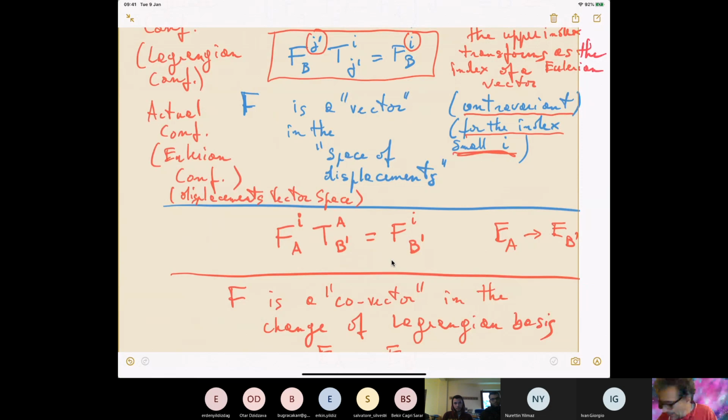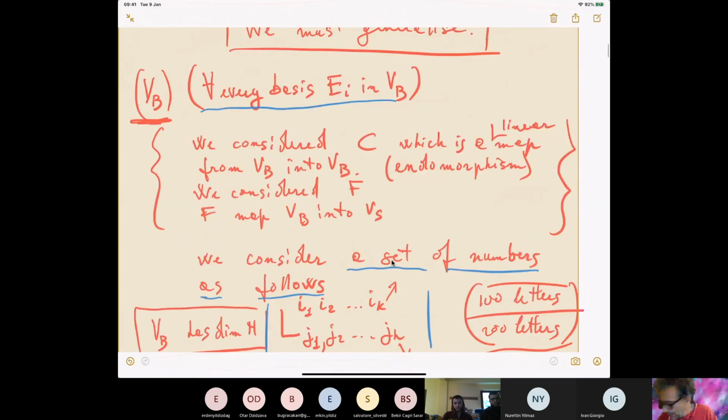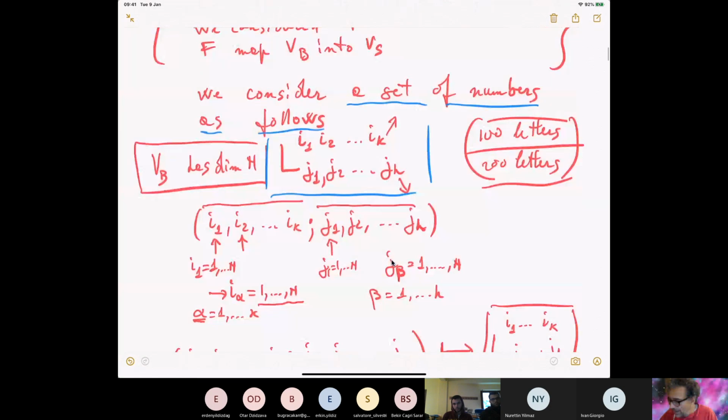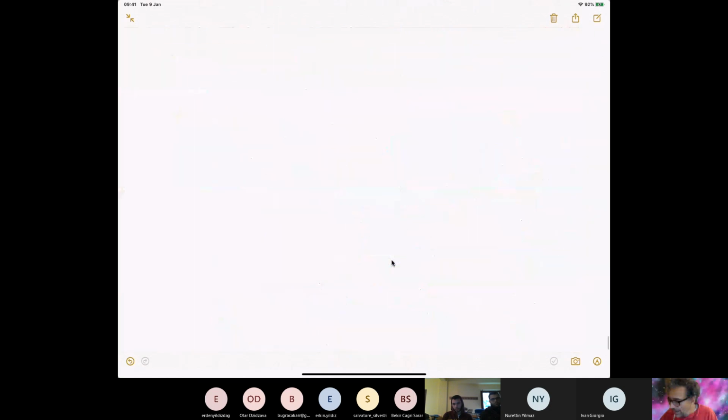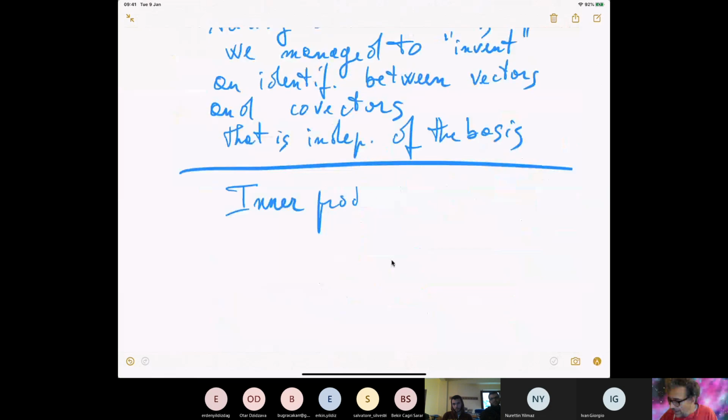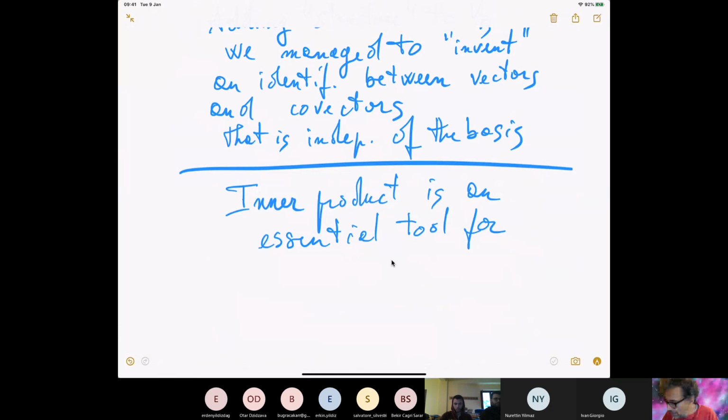So in a sense, the inner product is an essential tool for developing physical theories.